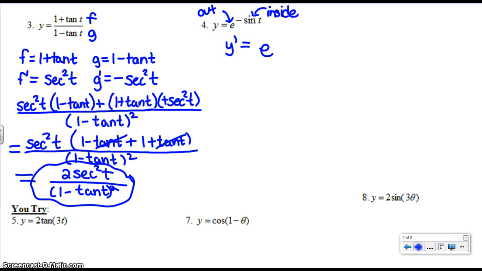So I'm going to rewrite e to the negative sine t. But then I have to say times, and I have to do the derivative of the inside function. So the derivative of negative sine t is negative cos t. And again, you would probably see this written as negative cos t e to the negative sine t, but it doesn't have to be rewritten that way.